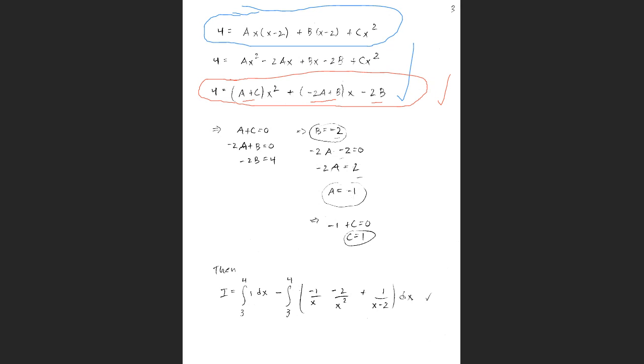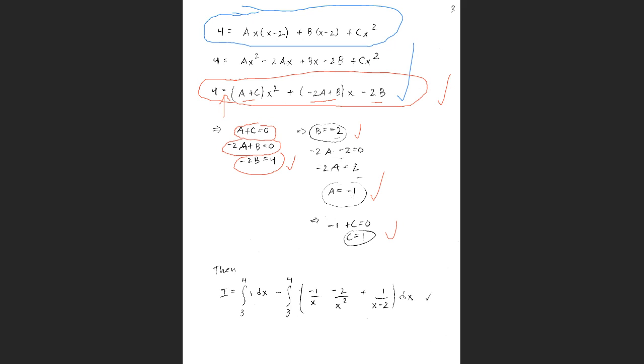Based on the fact that the right-hand side of this equation, 4, must equal the left-hand side, I come up with a plus c has to equal 0, negative 2a minus b equals 0, and negative 2b equals 4. So I have 3 equations and 3 unknowns. Obviously, the third equation I can solve for b, and then that allows me to solve for a and c.